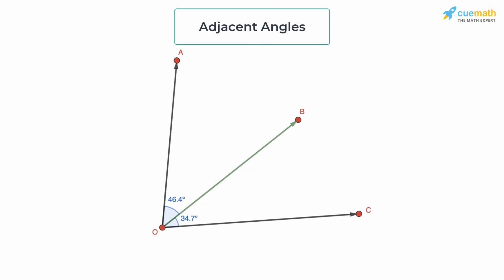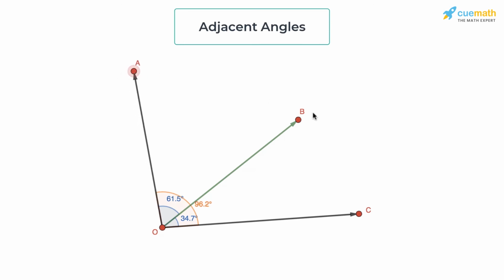Well, the sum of angle AOB and angle BOC will be angle AOC, the angle between the non-common arms OA and OC. This is true as long as AOB and BOC are adjacent. For example, if I move this non-common arm OA like this, AOB and BOC still add up to AOC since they are adjacent.